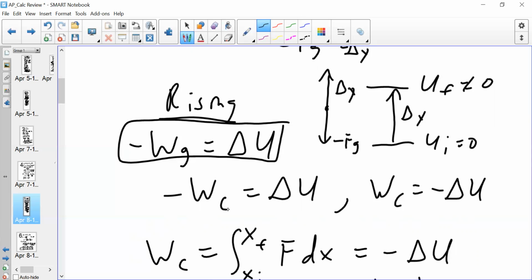The work done by an electric force is also going to be equal to a negative change in the electric potential energy, or the voltage in a battery. So same concepts for all 3 types of conservative forces: gravity, spring, and electric force. So this is what we have here.